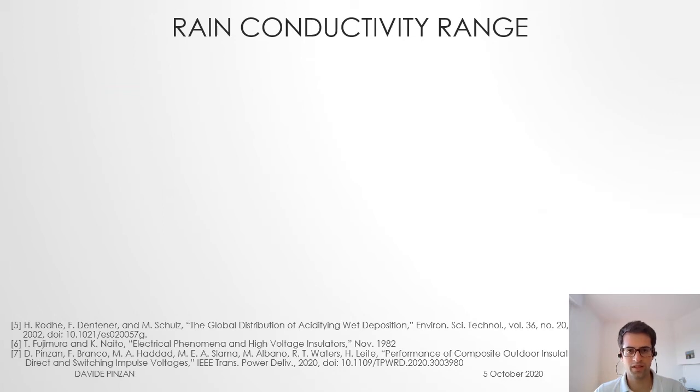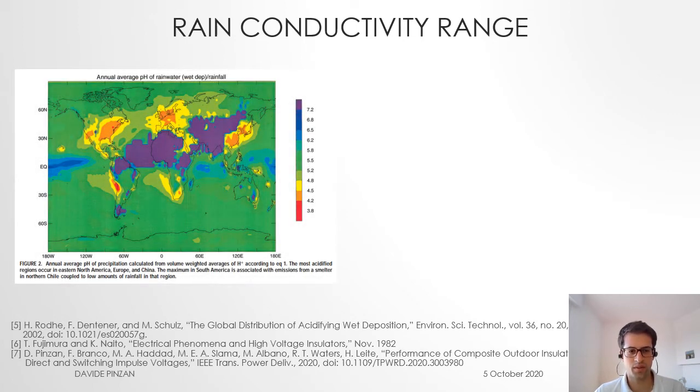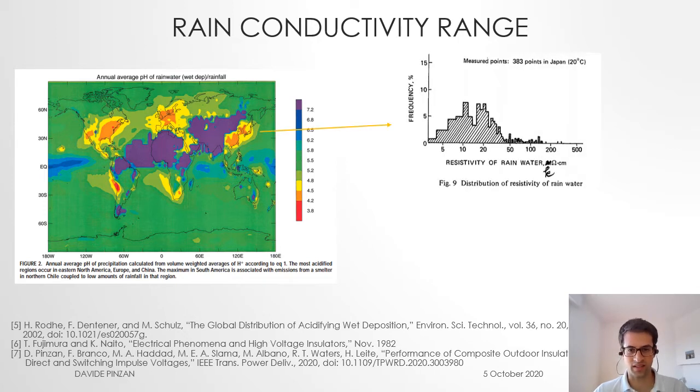With regards to rain conductivity range, this map shows that the rain is acid, particularly in the industrialized areas of the world. In particular, a Japanese study shows that in Japan, the resistivity of rainwater is particularly low in some areas, and this chart shows its frequency.